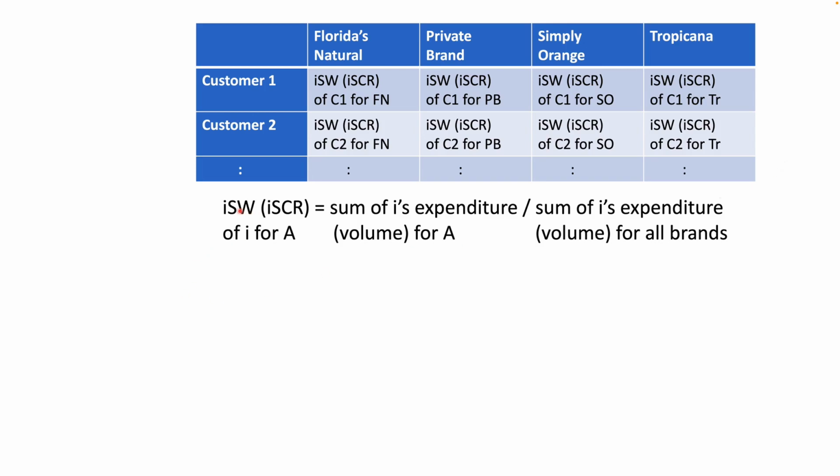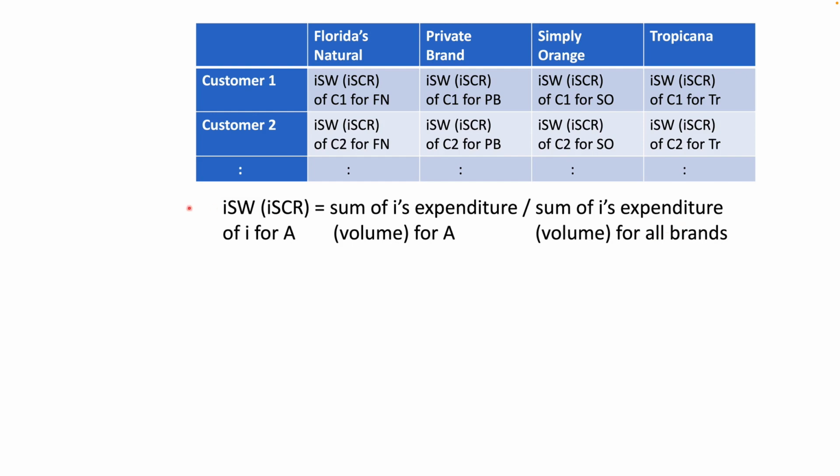The share of wallet or share of category requirement equation is given by, for customer i and brand a, we need to compute the sum of customer i's expenditure for this brand, and we also need to compute the sum of this customer's expenditure for all of the brands and divide the expenditure for the specific brand by that for all brands.